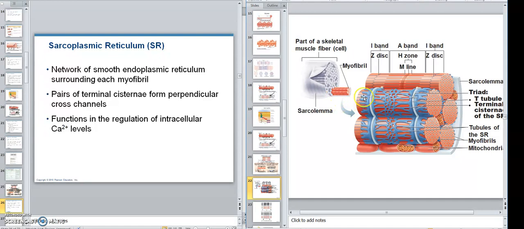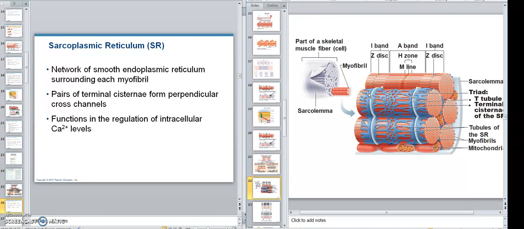They're not two; it's one long sarcoplasmic reticulum that just wraps around. So there would be some over here, some here, and at the end of each of these blind loops of one maze of sarcoplasmic reticulum is this terminal cisternae.